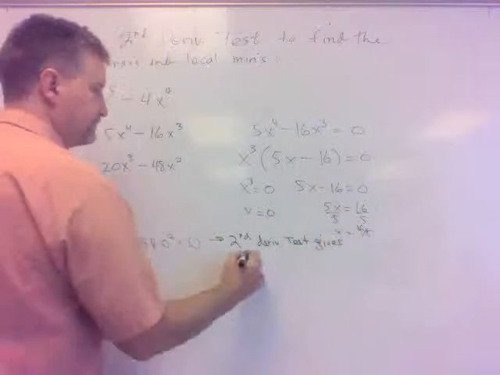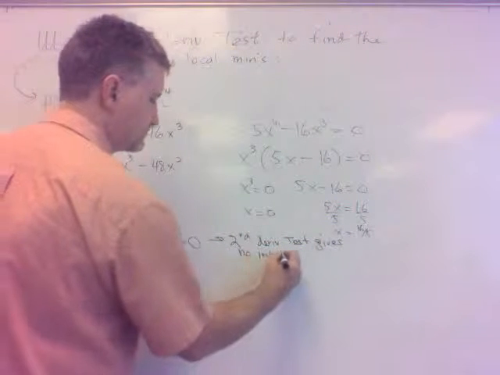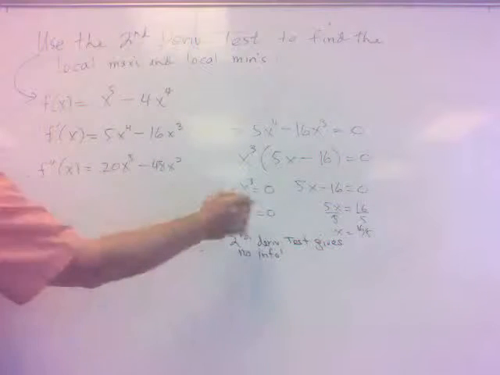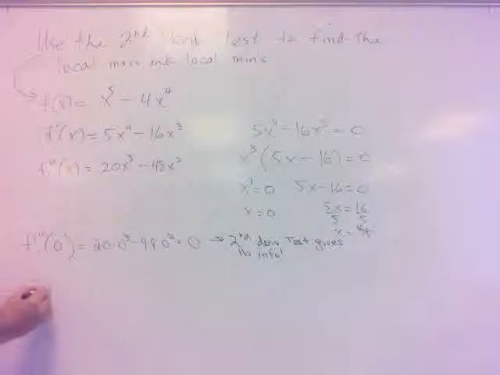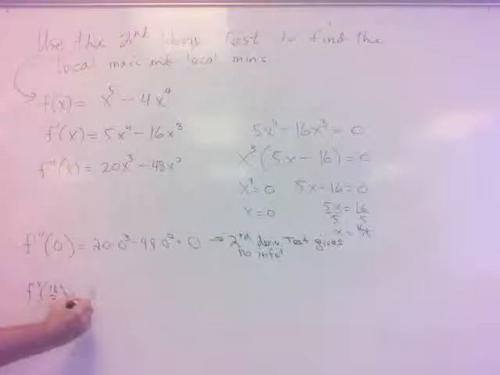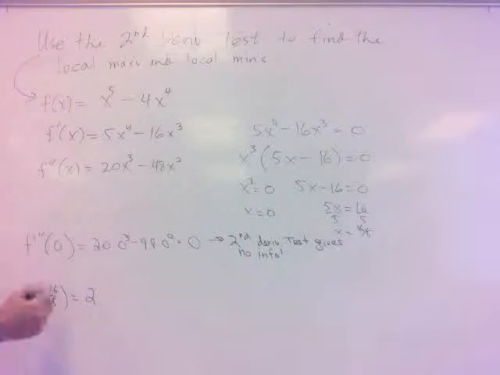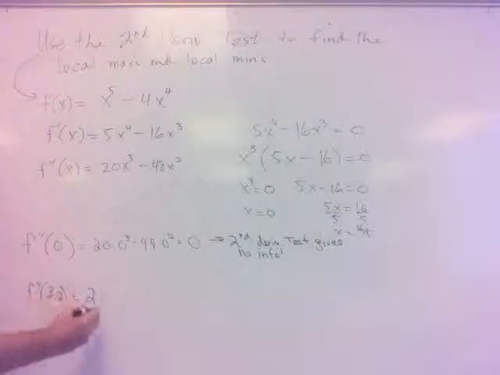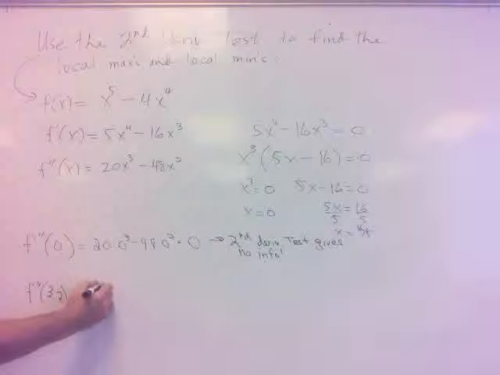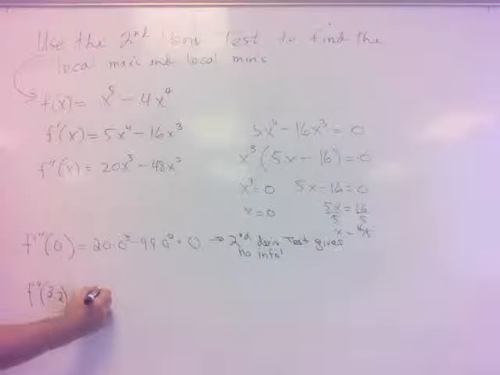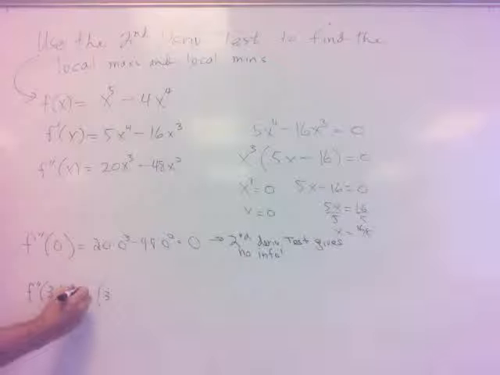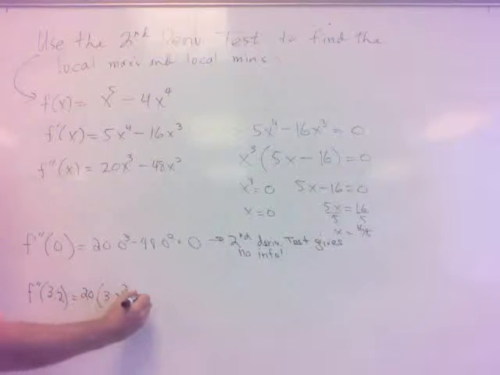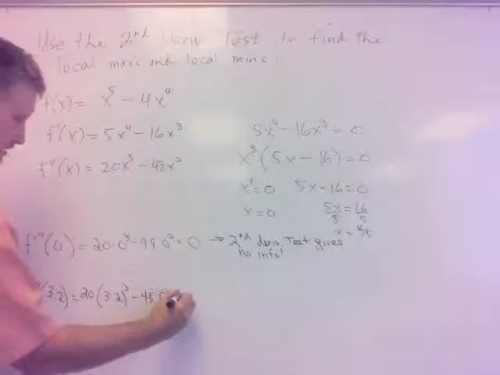So we're going to have to reboot, as they say, on that one. We haven't found out about 0 yet. Let's see if it gives anything for 16/5. It's a pretty nice number, isn't it? 5 into that, let's go with 3.2. Is that what 16/5 is? All right, so the second derivative at 3.2 does give me some information. This would be 20 times 3.2 cubed minus 48 times 3.2 squared.